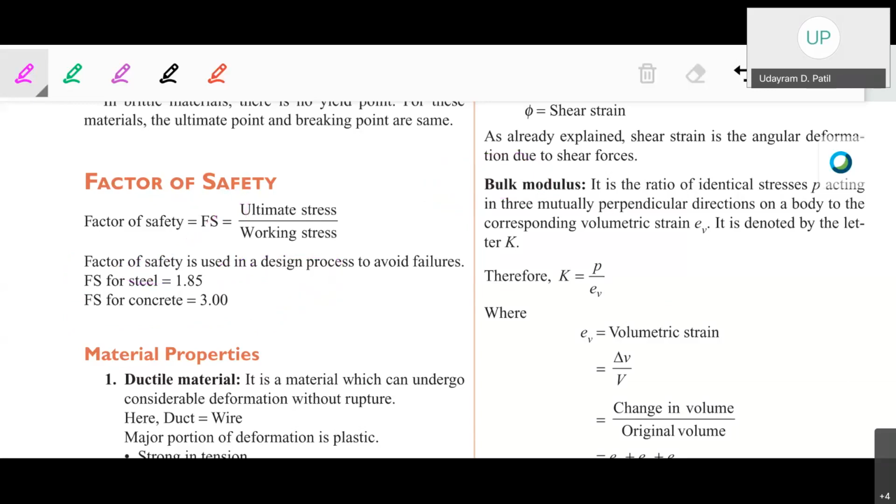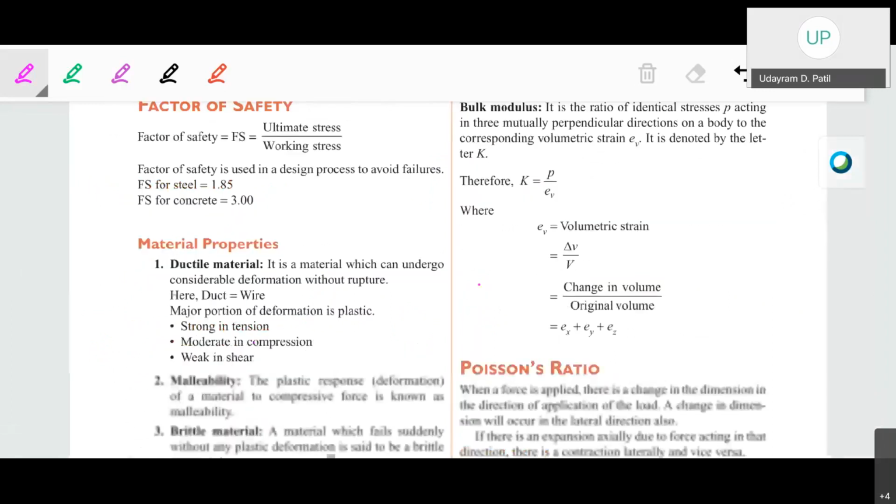Whereas most of the time concrete will be cast at the site. Therefore the quality control and quality assurance will not be up to the mark. Therefore that concrete may or may not be able to attain its ultimate strength. Therefore in concrete we take the factor of safety as 3, whereas for steel we take a lower factor of safety.